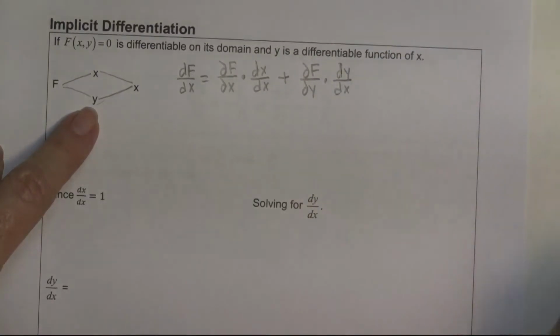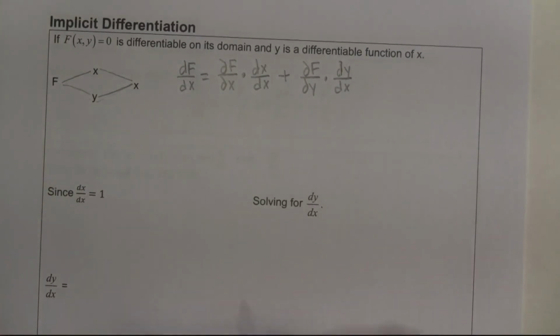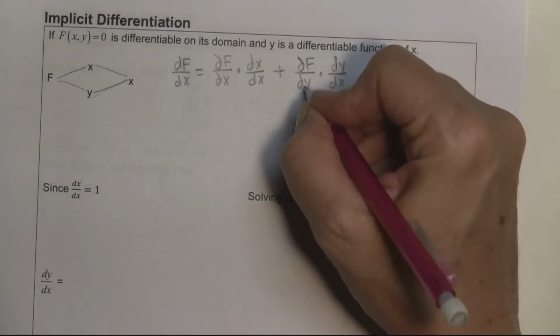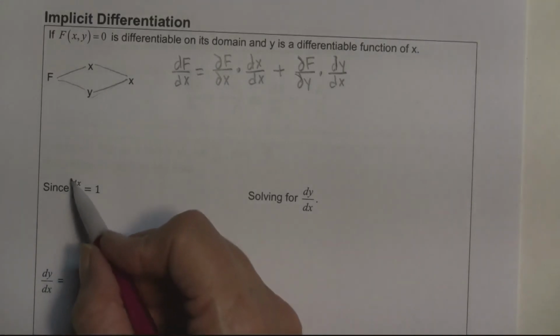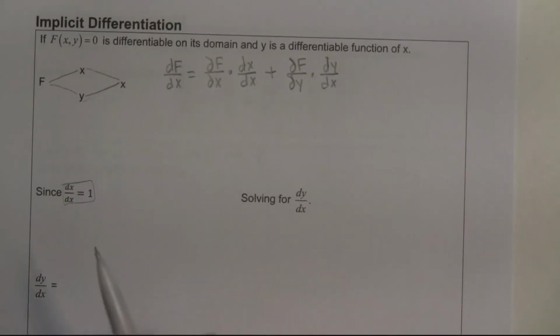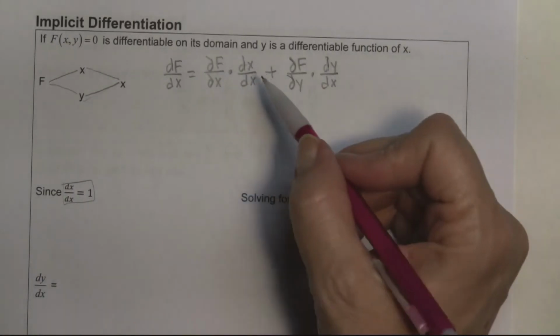That's not a partial. Okay, my little partials with their little hangers. Mine look kind of like backward sixes. We talked about this in Calc 1, that dx dx is just 1. And so right here we have just 1.